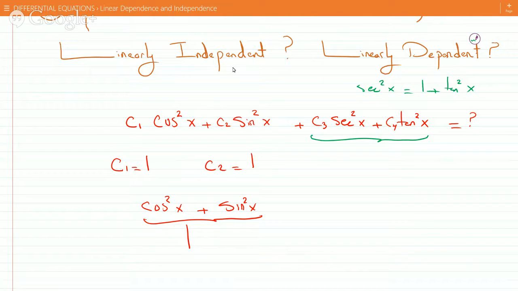Because if I move this around, I would get tan squared x minus secant squared x equals minus 1. You agree to that?